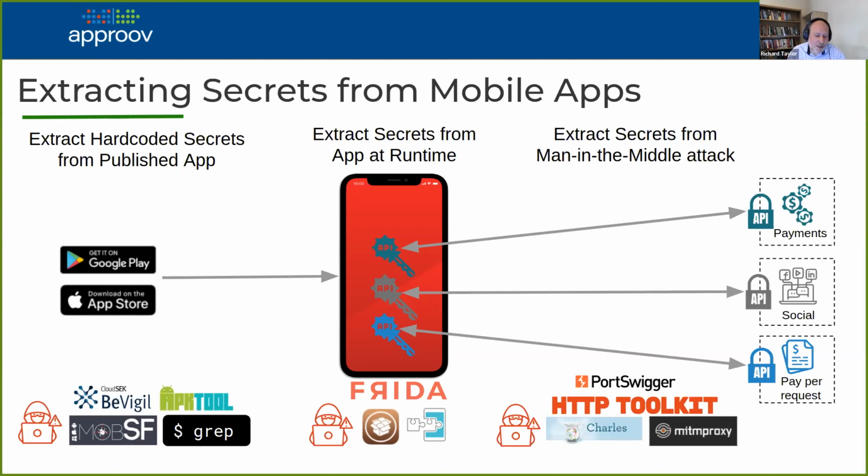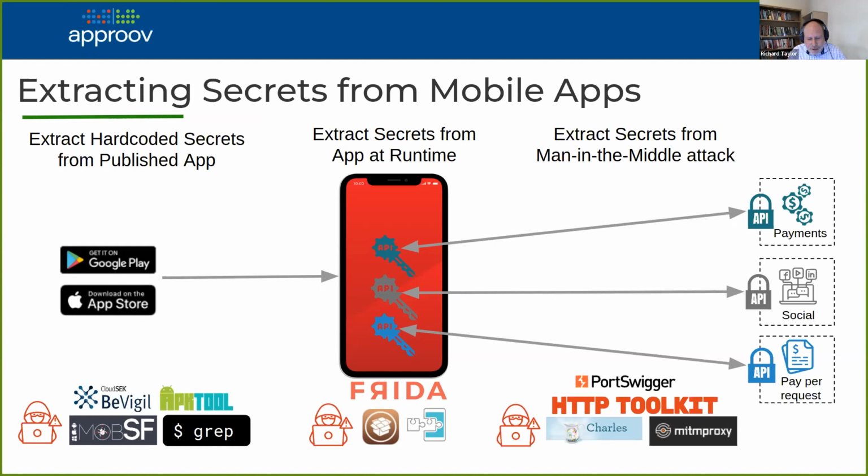There's a really good tool from CloudSec, which is a search engine that does a similar thing, allows you to see source code and API keys, and there are command line tools you can use, like APKTool to reverse engineer Android apps, and just grep on images. We'll often find API keys. They tend to be quite easy to find because they have certain characteristics and high entropy, so they stick out in the code. And of course, once you have those API keys, you can then make direct access in a script.